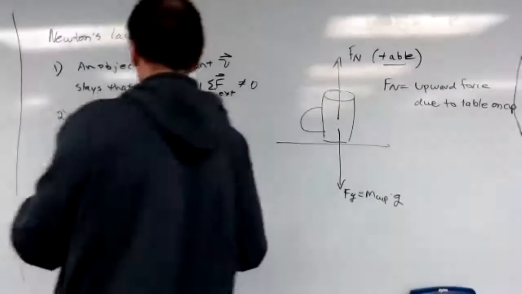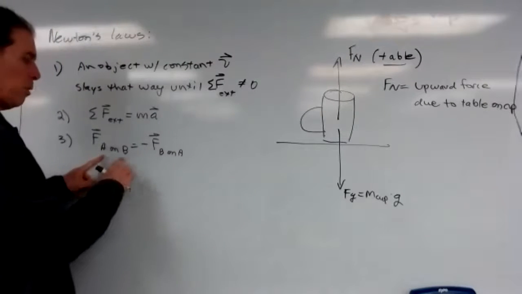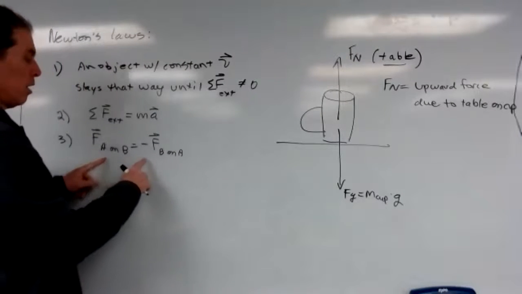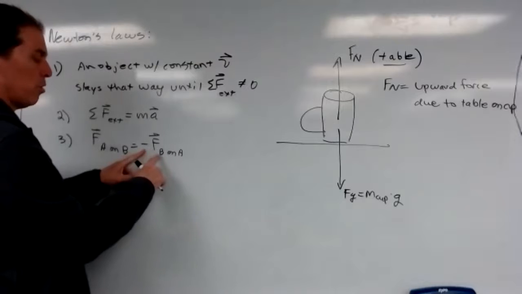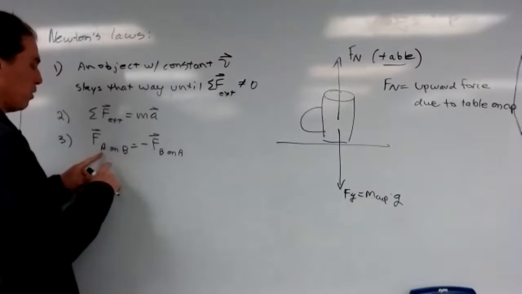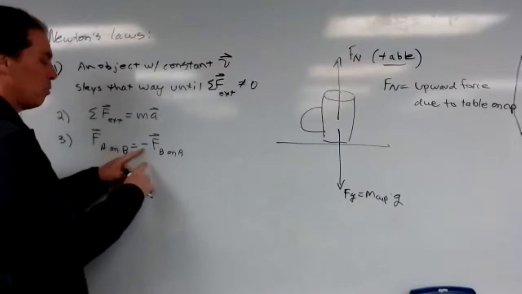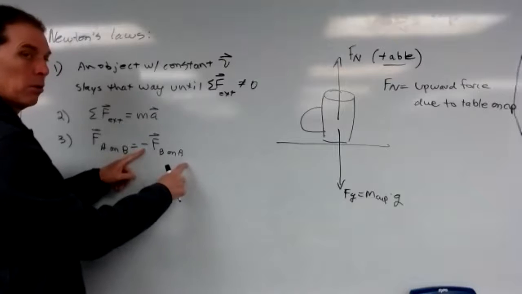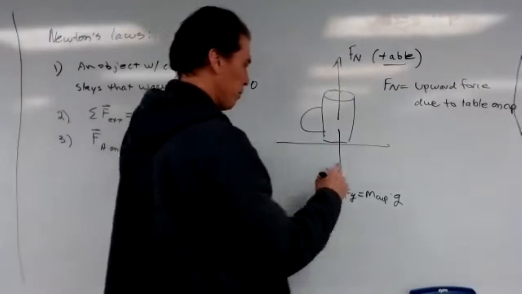So if this is an upward force, sorry, this is an upward force due to the table on the cup, this has to be a downward force due to the cup on the table, right?